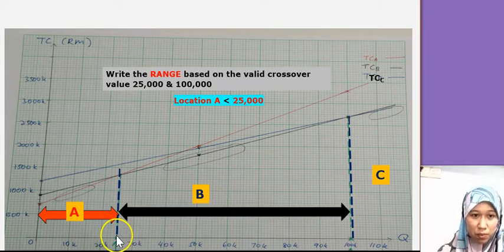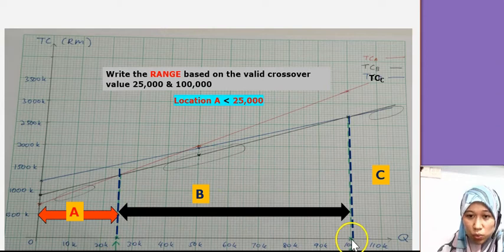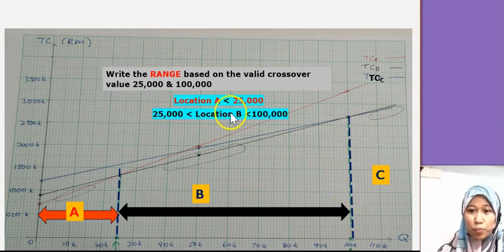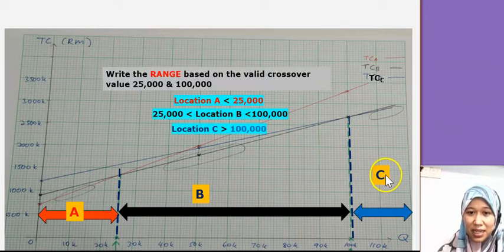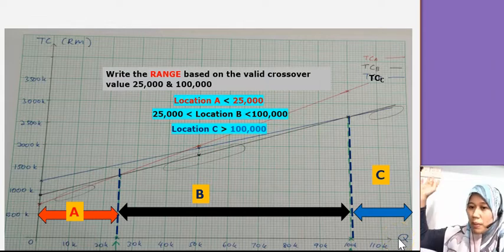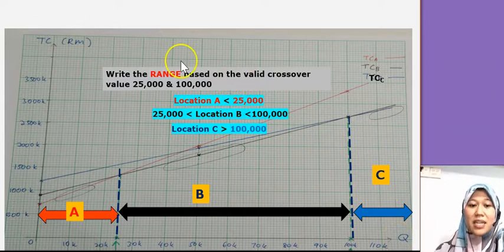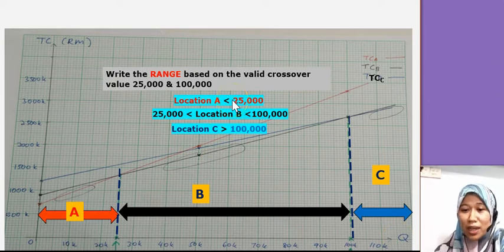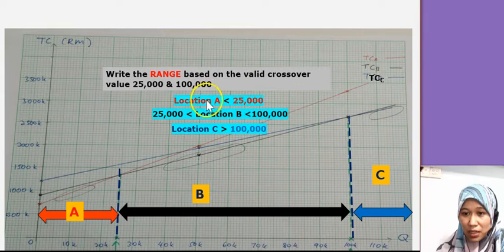In between 25,000 hingga 100,000, sebab kat sini kan kita dah kira tadi 100,000 crossover dia, dia belong to B. So nak tulis dia 25,000 dan juga 100,000, dia in between. And last kali C ni, dia adalah lebih daripada 100,000. Sampailah berapa-berapa, dia belong to C. These are the answers that we are looking for. Okay. So bila dalam graf nanti tulis siap-siap kata graf macam ni.